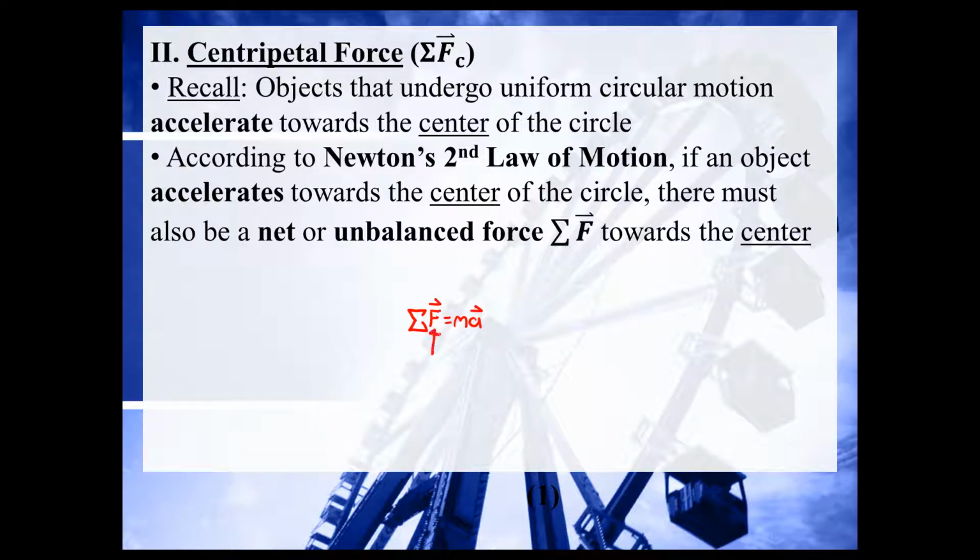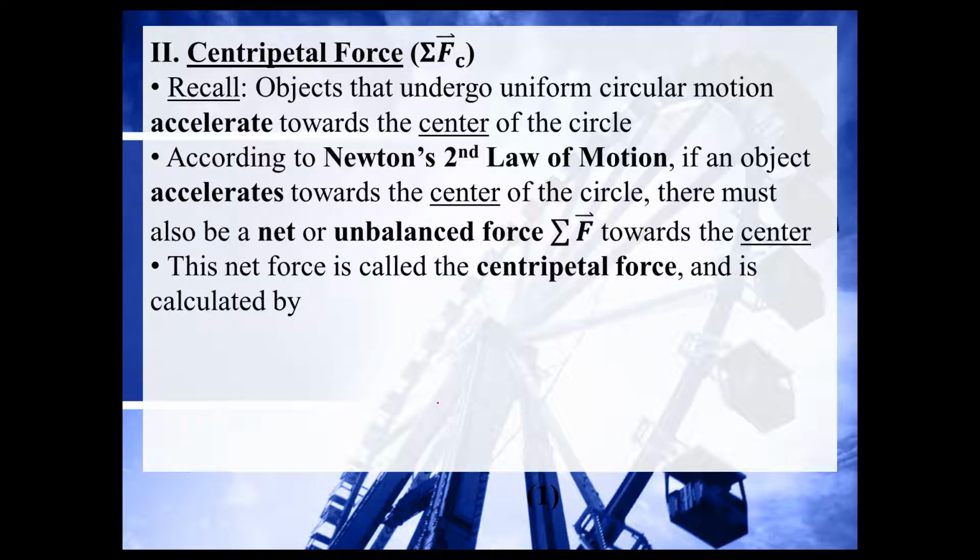If you have a net force that is, for example, towards the left, then that means your acceleration is also towards the left. Now we can work backwards in terms of uniform circular motion. If we know that our acceleration is towards the center of the circle, then that tells us we must have a net or an unbalanced force that is also going to be towards the center.